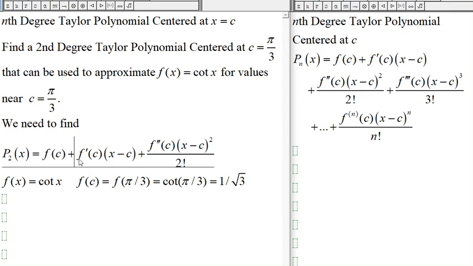And then next we need the first derivative. And the derivative of cotangent of x is negative cosecant squared. And then we need the first derivative at c.